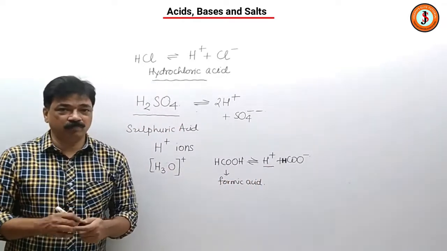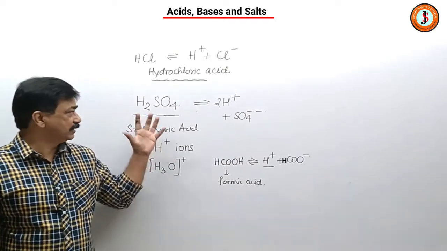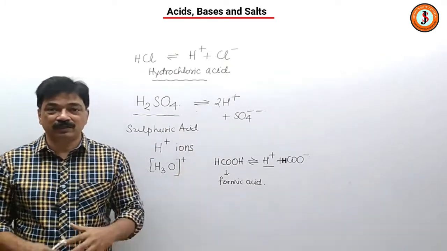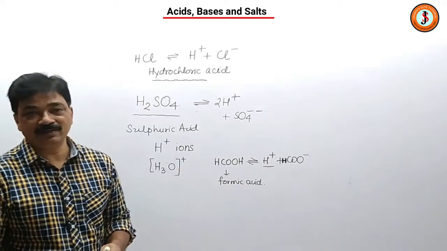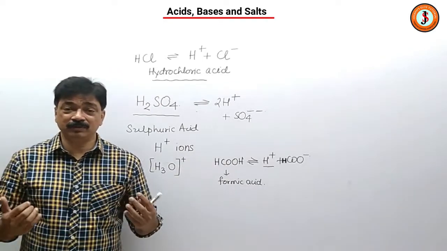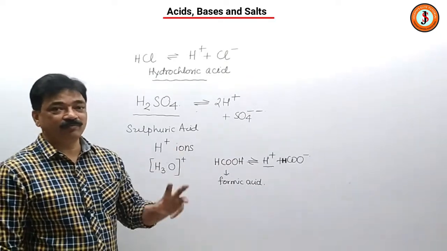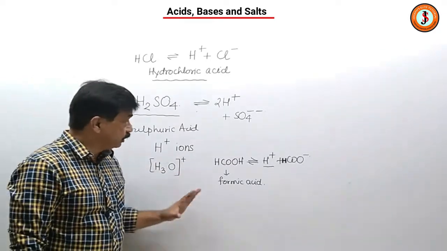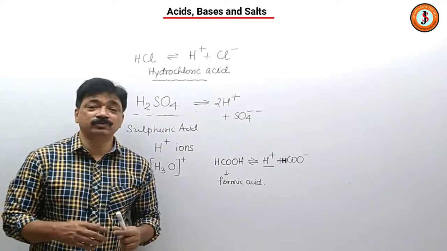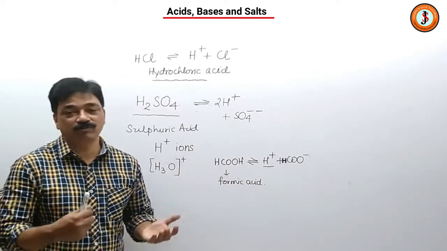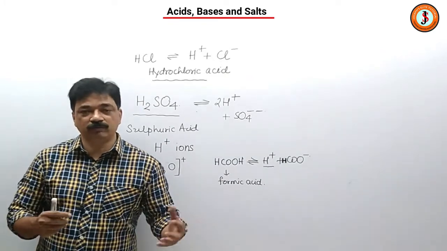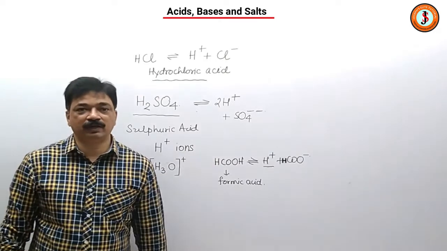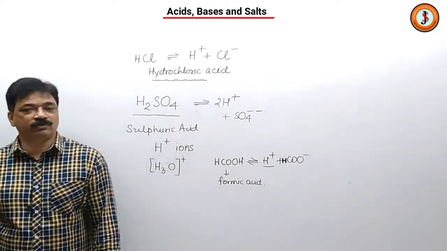What are the takeaway points from here? First, acids are chemicals or compounds. They are ionic in nature, so they dissociate into ions, and in solution they will be in a dissociated state. The positive ions will always be hydrogen ions or hydronium ions. Actually, the hydrogen ion sits on a water molecule, forming hydronium ion.